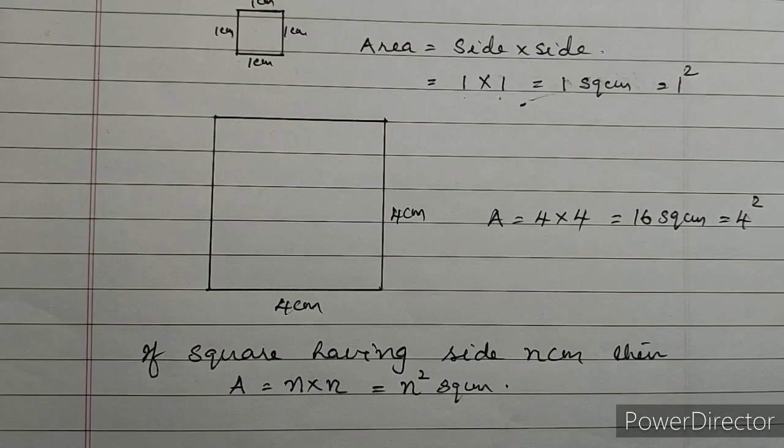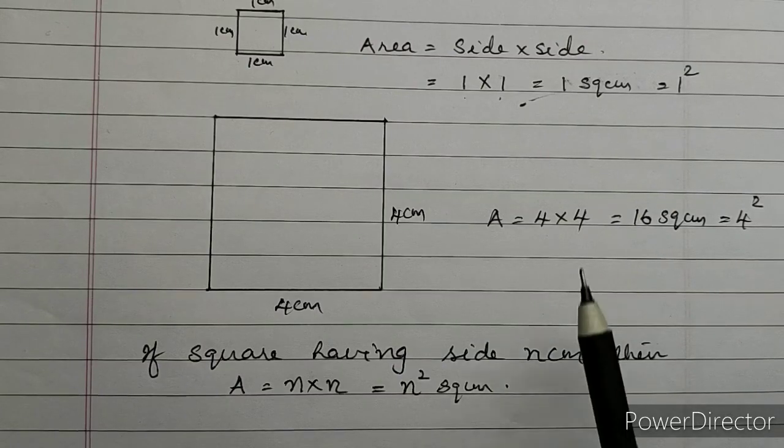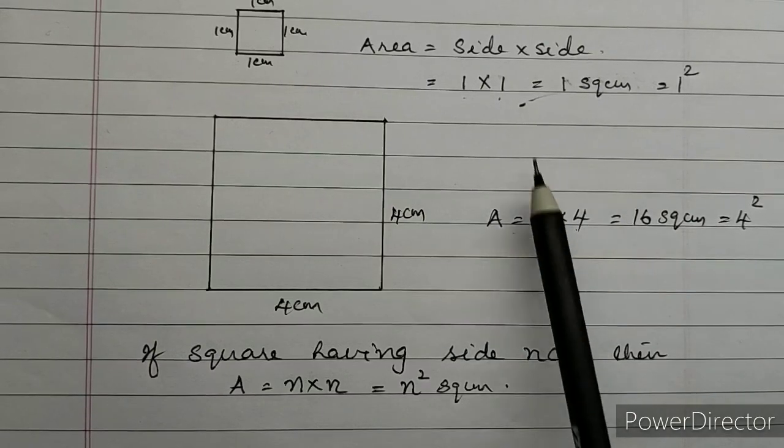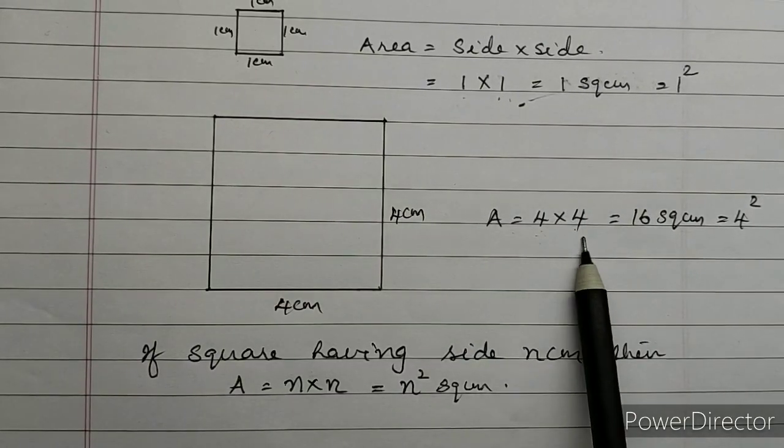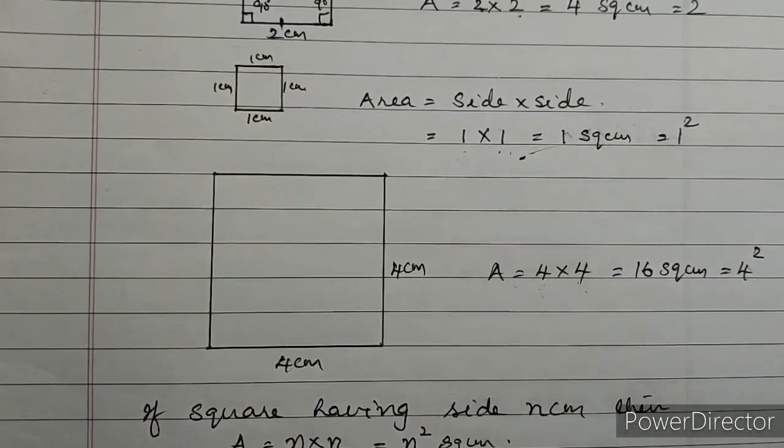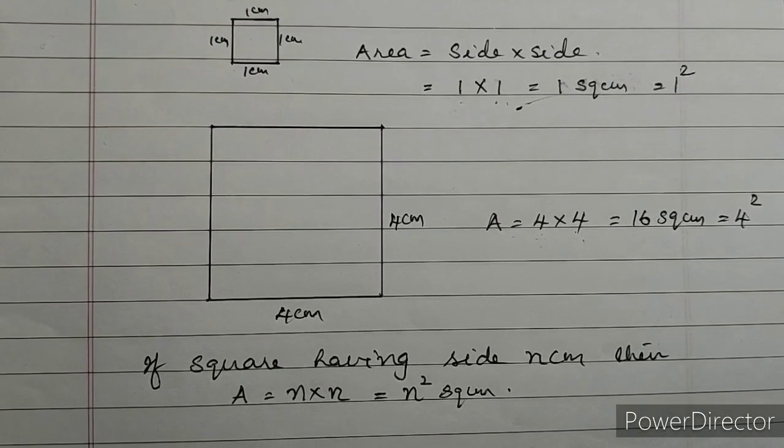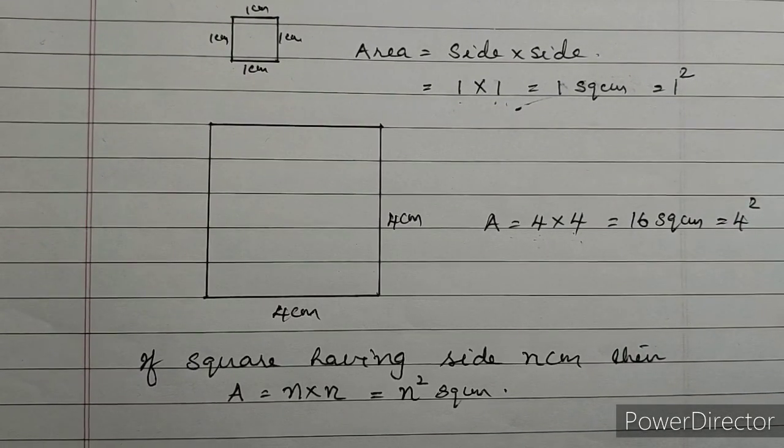So what were we doing here to find the area of a square? We were primarily multiplying the number by itself. The same number we were multiplying: 1 into 1, 4 into 4, 2 into 2, like that, n into n in general. So the same number 2 times we were multiplying. How big the square is doesn't matter.